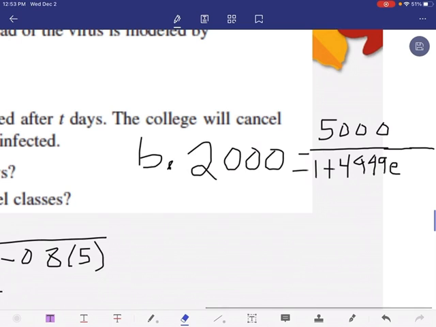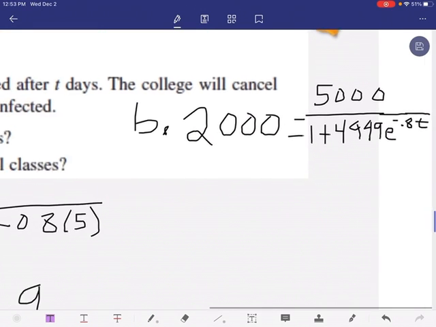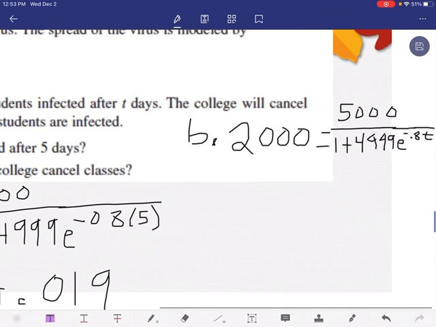E to the negative 0.8t. And now we want to solve for this. Again, we need to get our E by itself first, but be careful, because right now our E is on our denominator, which we don't want.